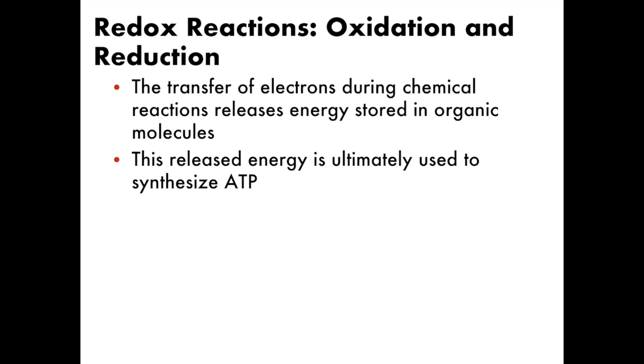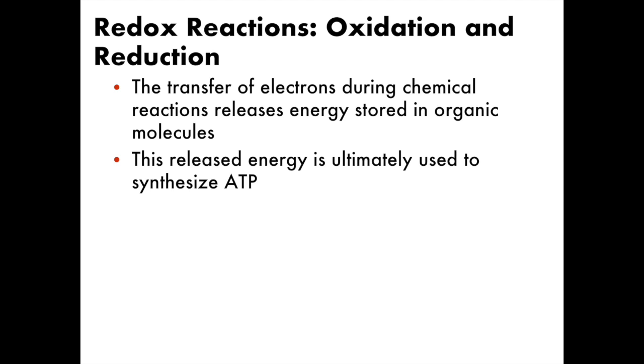But in order to produce ATP, we need to do a lot of energy transformations. And the power for making new ATP ultimately comes from electrons. So remember, chemical reactions are making and breaking of bonds. Making and breaking of bonds is, in turn, interactions between the electrons in atoms.